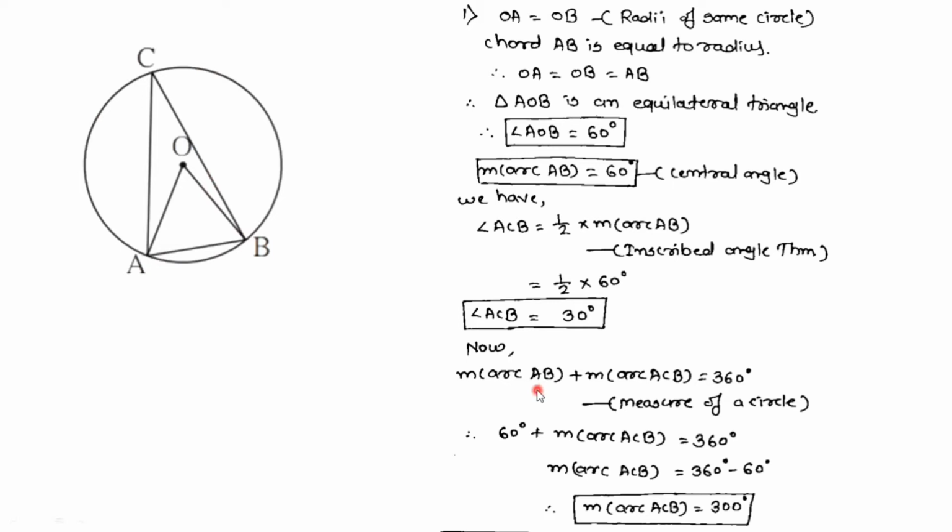Replacing measure of arc AB by 60 degree, 60 plus measure arc ACB equals 360. Transferring 60 to the right hand side, measure arc ACB is 360 minus 60, that is 300 degree. So measure of arc ACB is 300 degree.